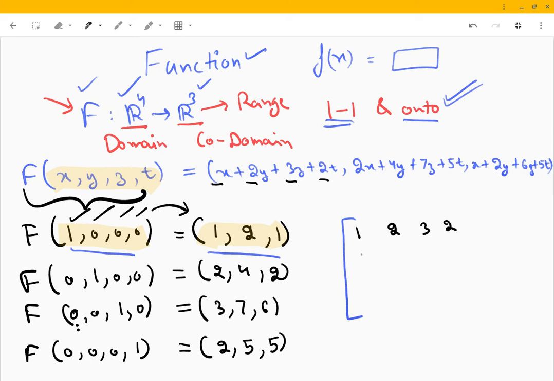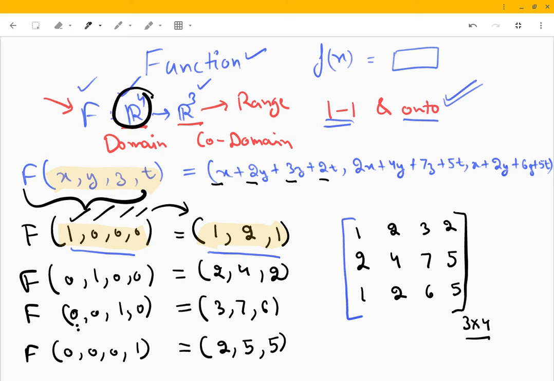Then 2, 4, 7, 5, and then 1, 2, 6, 5. So this is the matrix associated with this linear transformation. What is the order of this matrix? It is 3 cross 4, which corresponds to the 4-dimensional space being transformed to a 3-dimensional space.